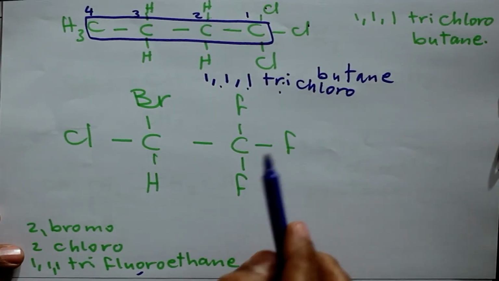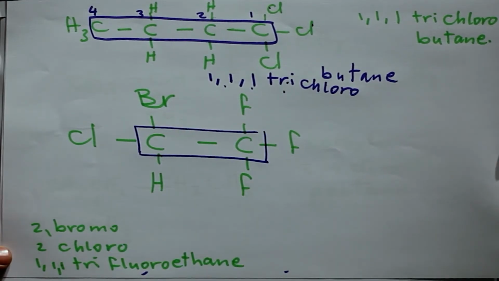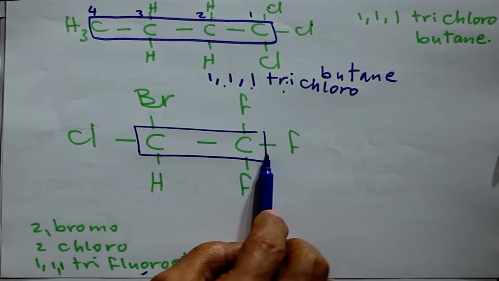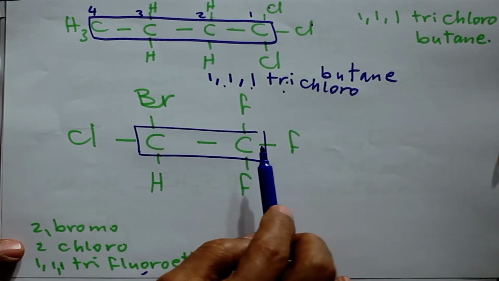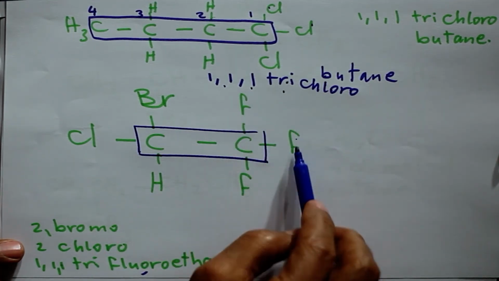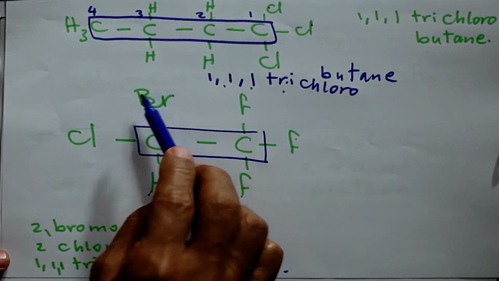Chlorobutane. Another example: we have 2 carbons, ethane. Our question is whether we will start from the first one or the other one. We will start from it because it has 3 branches, but the second one has only 2 branches.